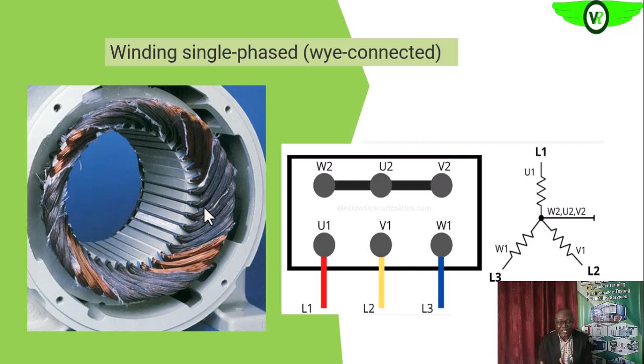The protection can be designed to be looking at the phases, so once there is phase failure, it opens up and then trips the power supply to the electric motor.